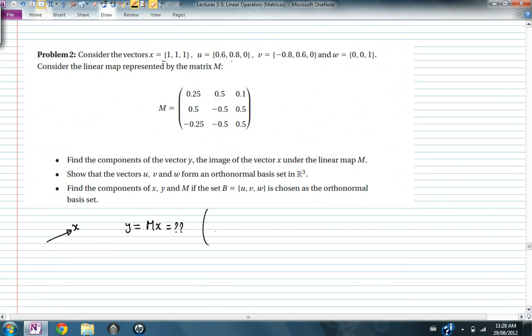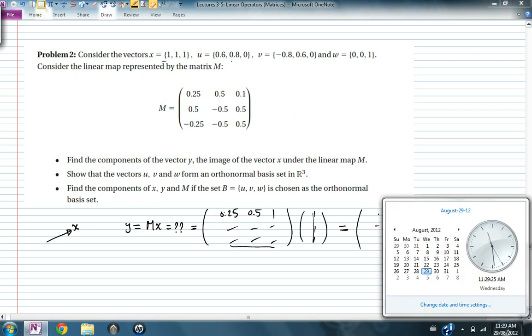Well, this is of course direct. Copy the numbers from above. X is 1, 1, 1. Multiply the row by the column, or take the dot product between this vector and this vector. You get a component. The dot product between this vector and this vector, you get another component. The dot product between this vector and this vector, you get a third component.